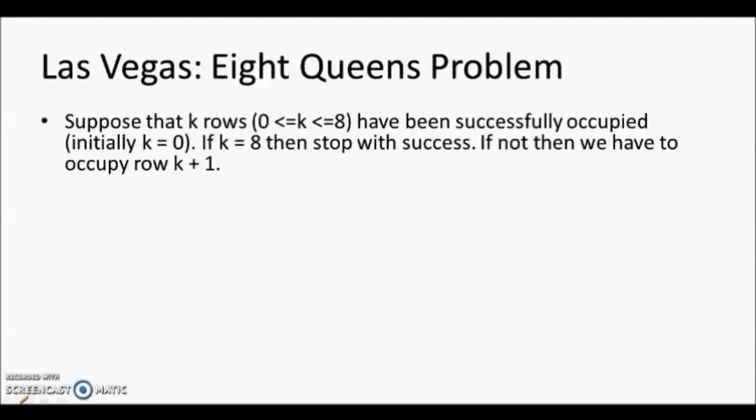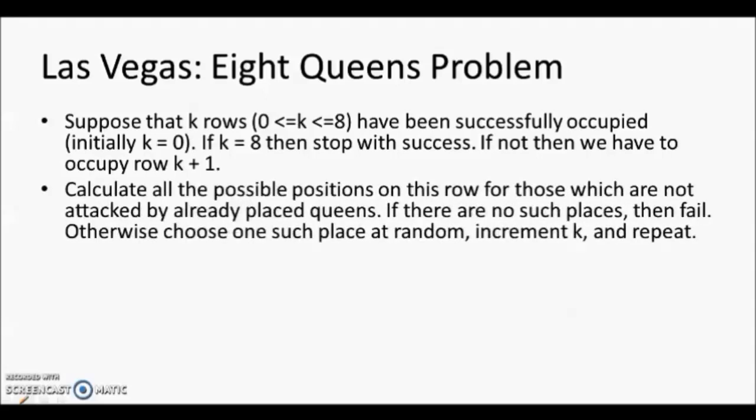If not, then we have to occupy the next row, k plus 1. Calculate all the possible positions of this row which are not attacked by already placed queens. If there are no such places, then fail. Otherwise, choose one such place at random, increment k, and repeat the same.